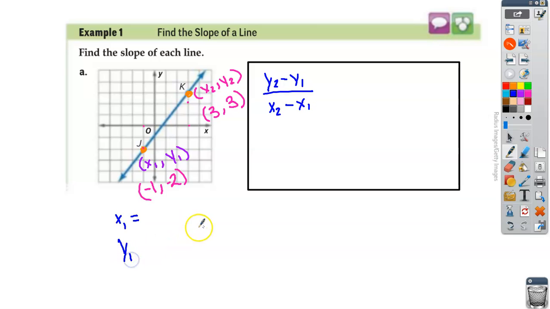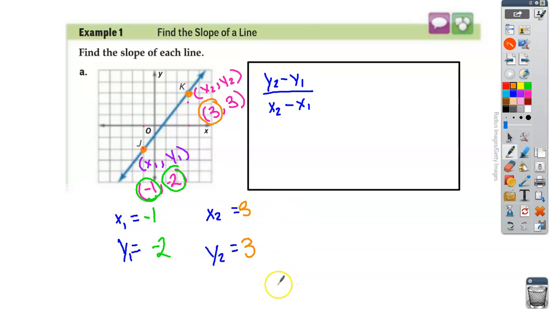So my x1, my y1, my x2, and my y2. So my x1, again, that's the x from my first point, which in this case is -1. My y1 is the y from my first point, which is -2. My x from my second point is 3, and then my y from my second point is also 3.